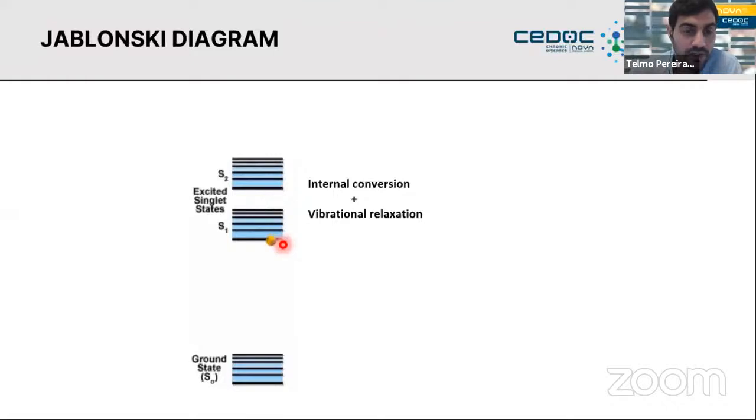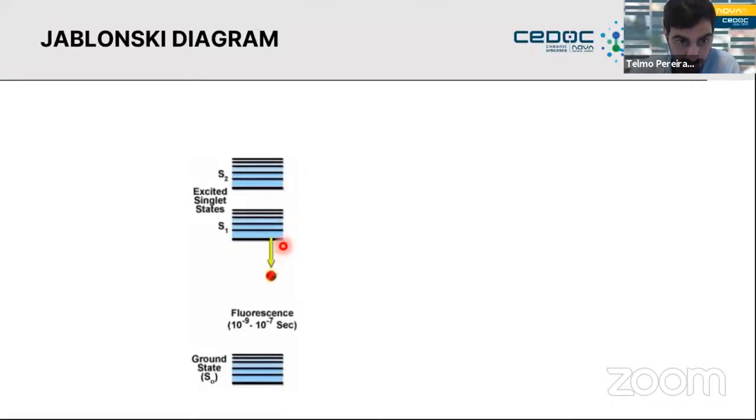At this point, the electron can then go back to the ground state and emit a photon. So this is what happens in the case of a fluorescent event.